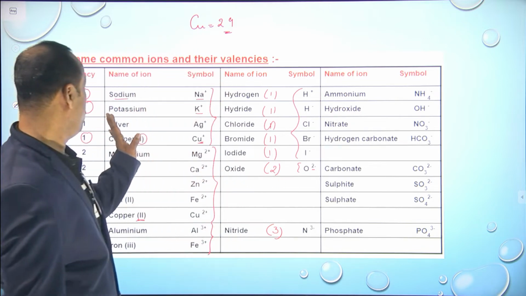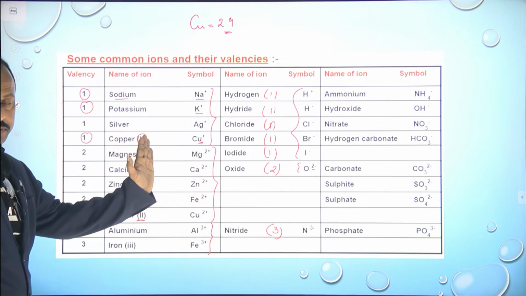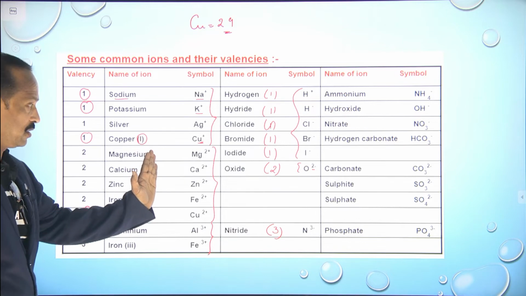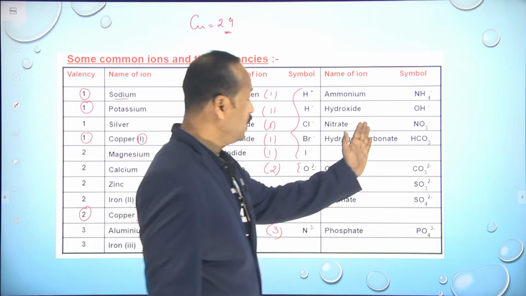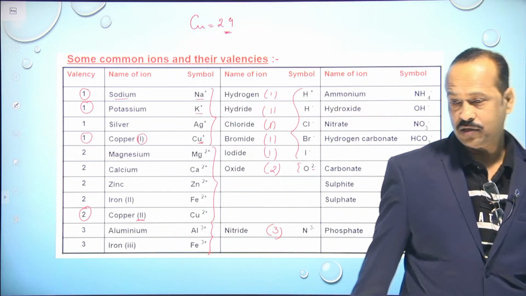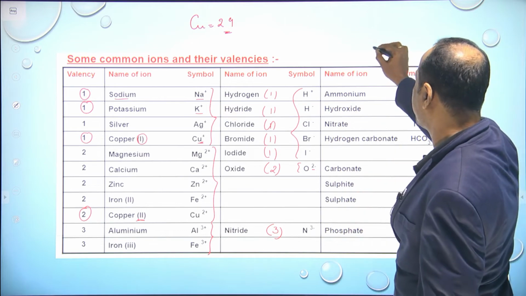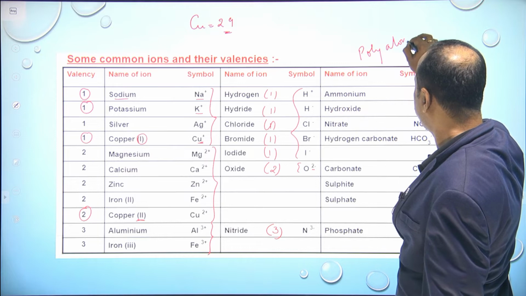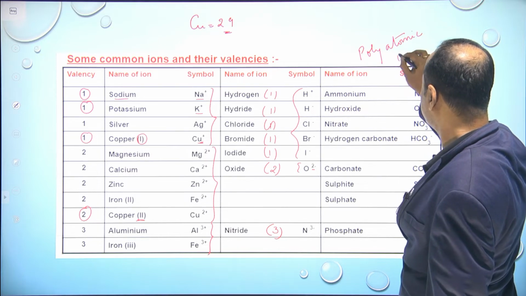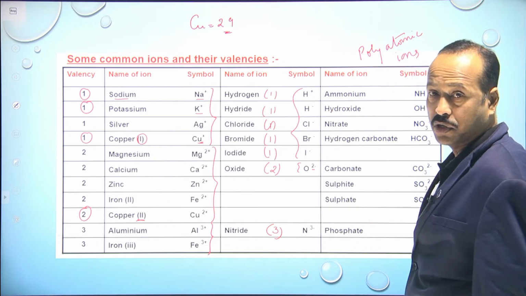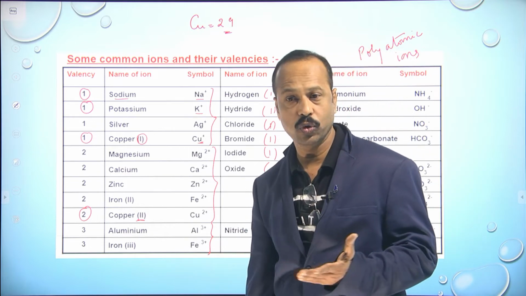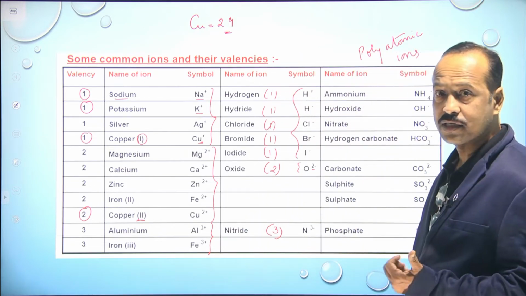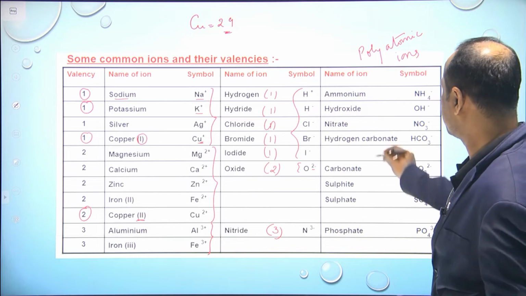Now these are the ions of single atoms, monoatomic ions. Now here you see a group of atoms, so these are called polyatomic ions. Polyatomic ion means if 2 or more atoms are there, then that is called a polyatomic ion. So here you see ammonium.